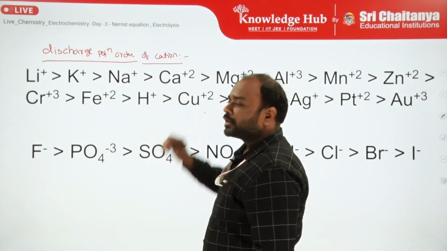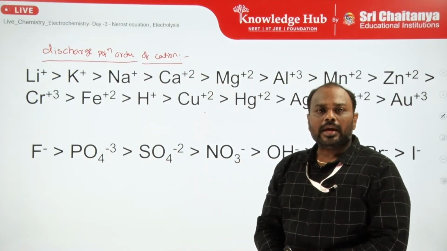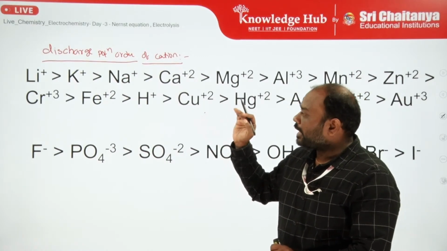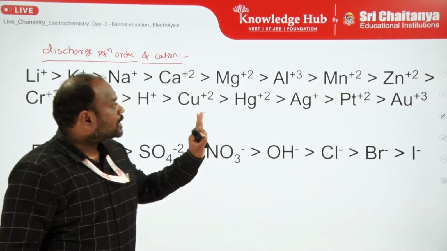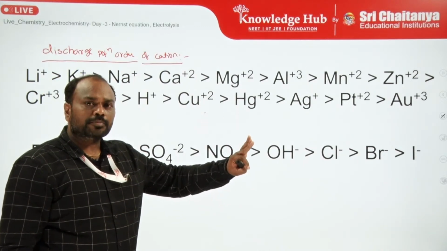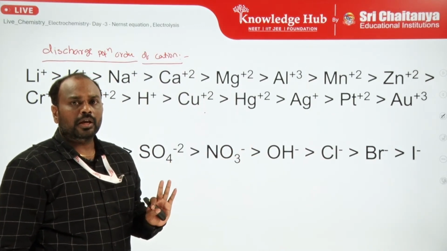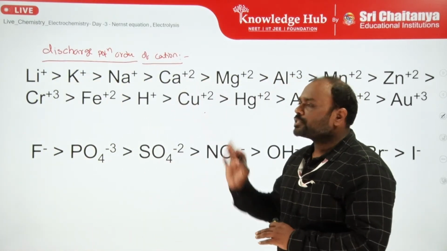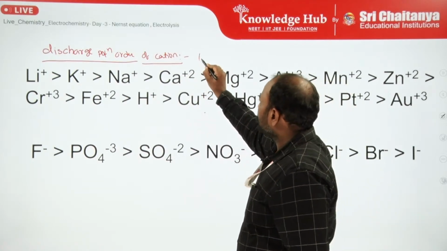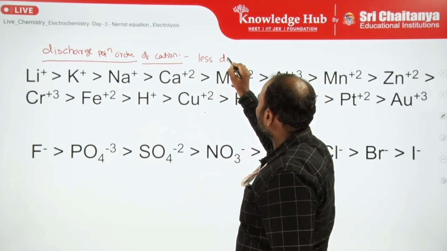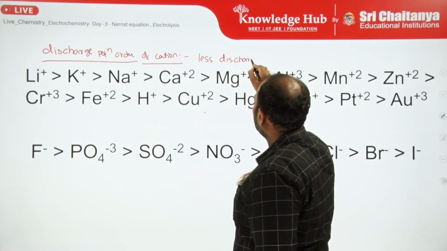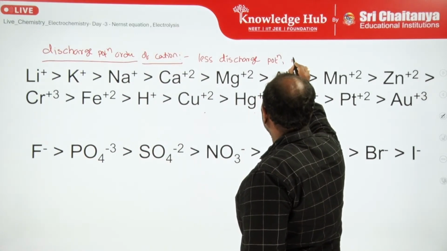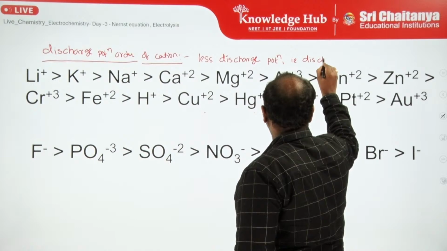So in this, which ion is migrated? The ion which shows less discharge potential is discharged first.